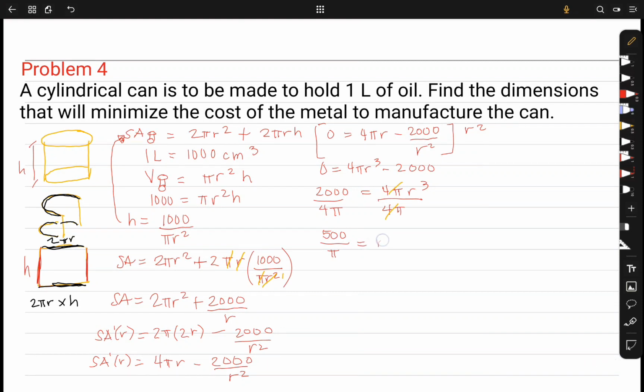So, what remains is our r cubed. By getting the cube root of both sides, we get r alone. So, our r is the cube root of 500 all over pi.